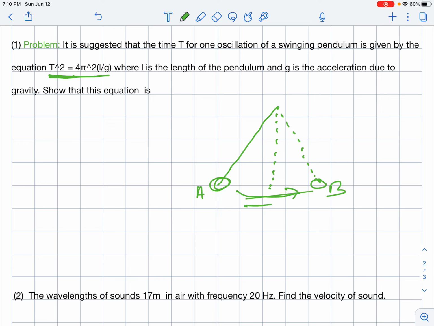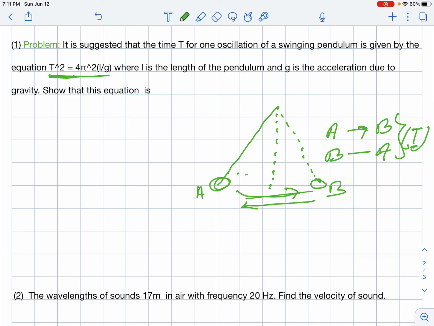This total time, from A to B and back to A, is called the time period. This total time is called the time period of the oscillation. We measure the time period of oscillation in seconds.